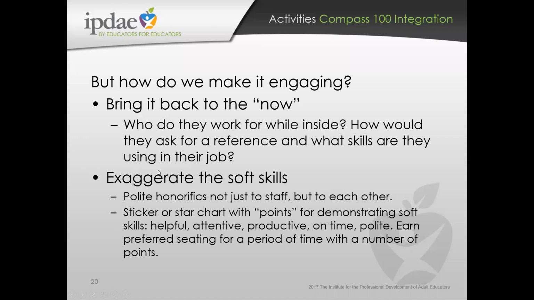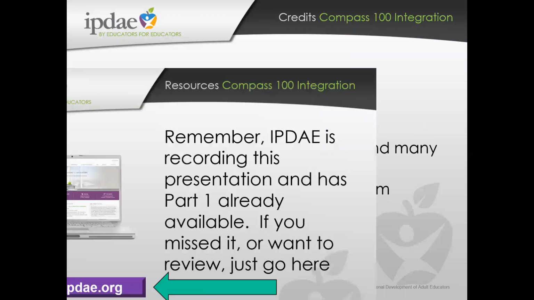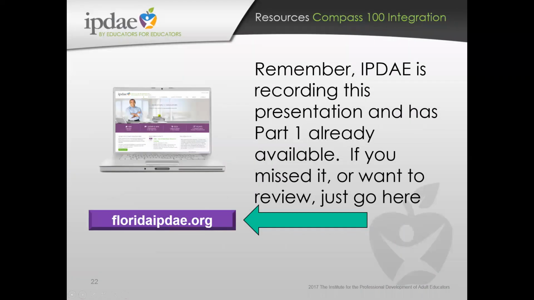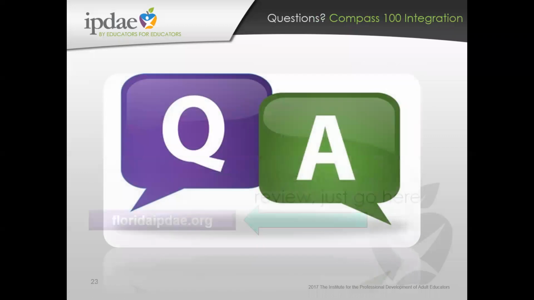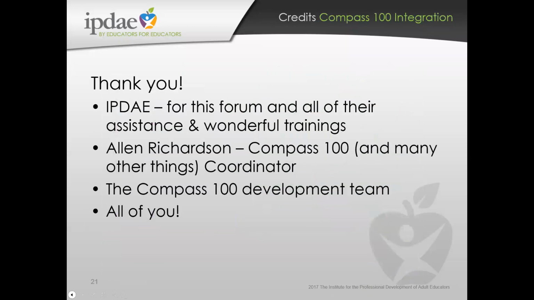It comes back to developing SMART goals, having each student have their specific goals that they need to meet. But the ultimate goal for all of our students should be success upon release. It should be having the skills when they release to not have to come back. That's what we're striving for with our academics, with our CTE, and with our Compass 100.